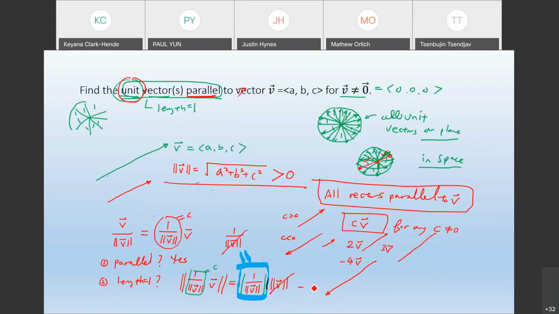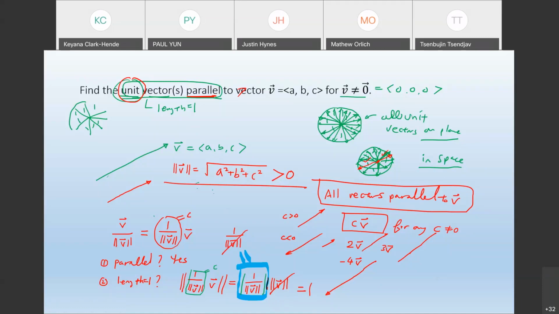Length 1. If you understand this, type yes, please. A unit vector means simply divided by your own length. Vector divided by the length of the vector. You're going to be length 1, obviously.